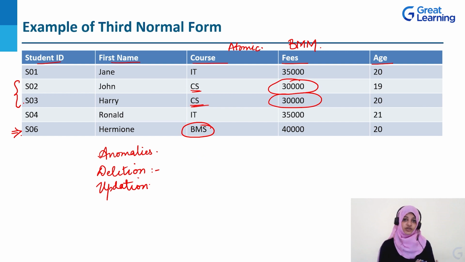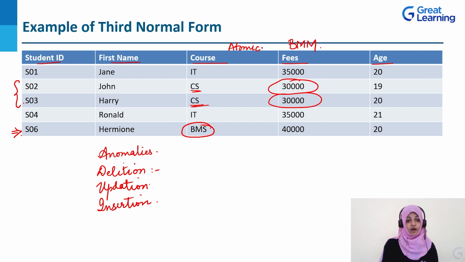So even though the university or college may be providing that course, it won't be visible in their records because no student must have opted for it. This is known as the insertion anomaly, wherein the record will not come into existence till someone or something has utilized that particular record.